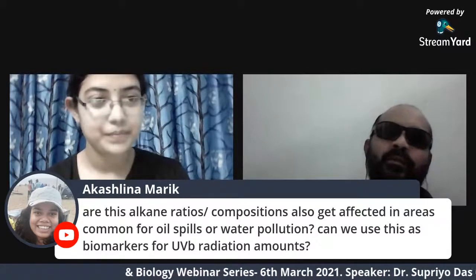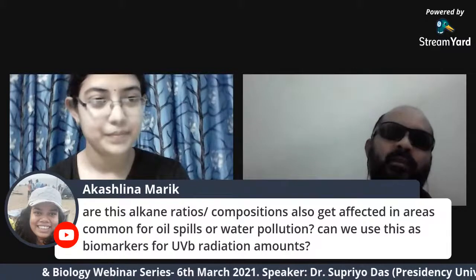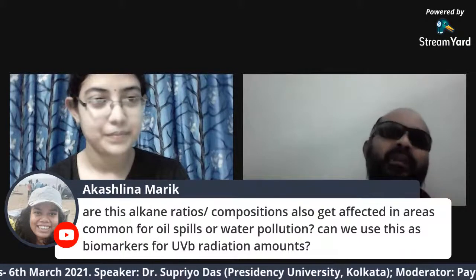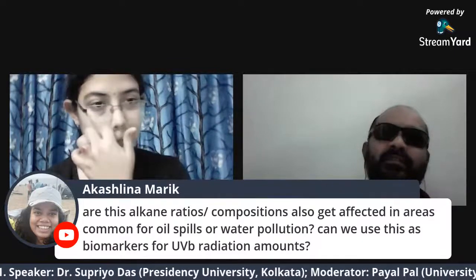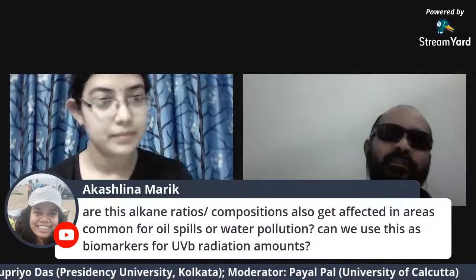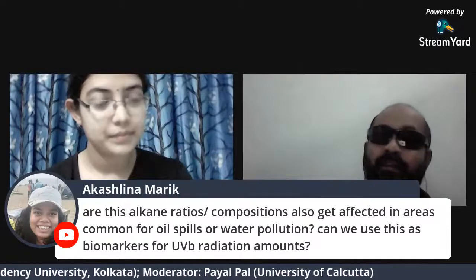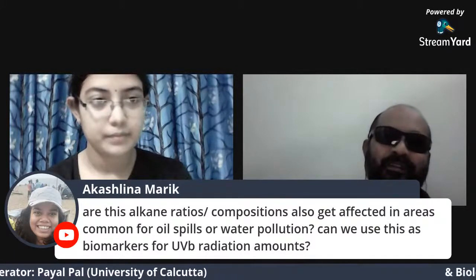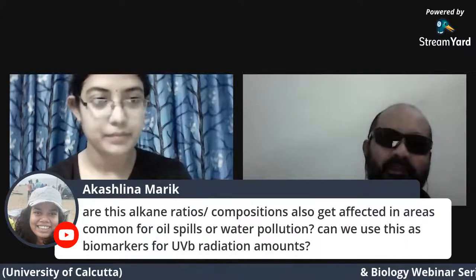So all these things need to be known before we could use it as a biomarker. We could say that this is exactly what is happening or what happened with the alkane molecule. I don't think it has any future as a biomarker for UVB in the near future. We need to know a lot about it. Unless we know that, we cannot use it as a biomarker.